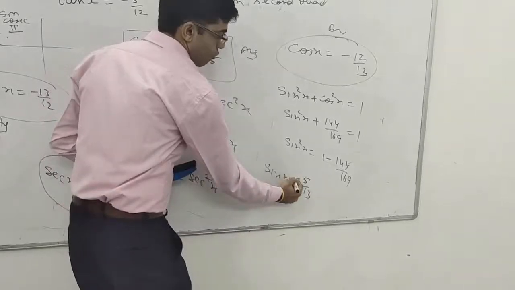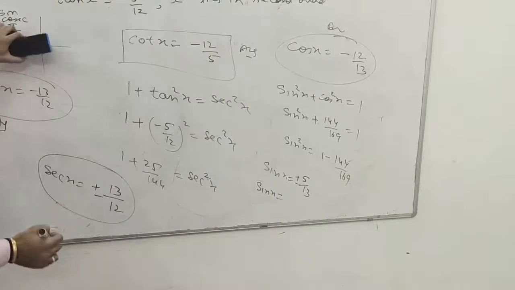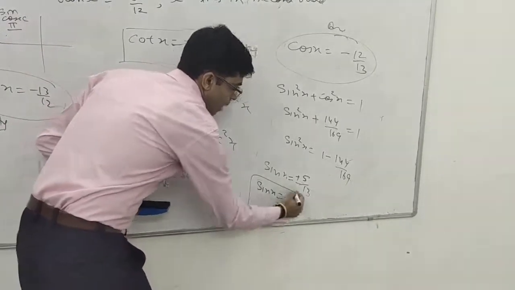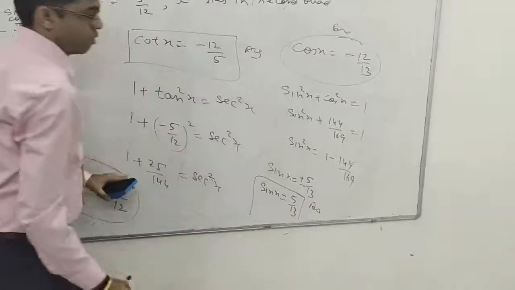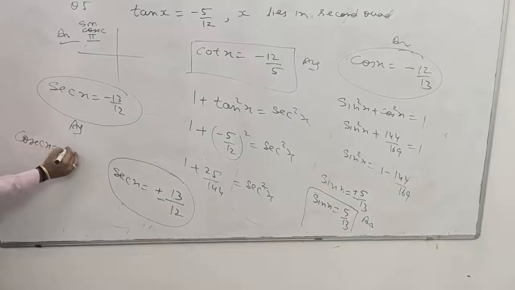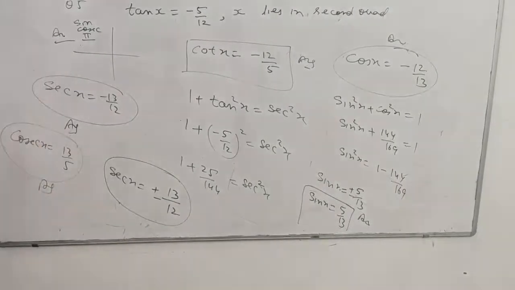So what value will we choose? Sin x is positive in the second quadrant, so we will take positive 5 upon 13. So these are our answers.